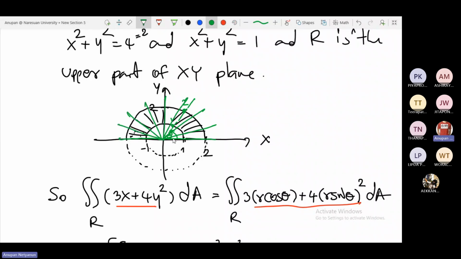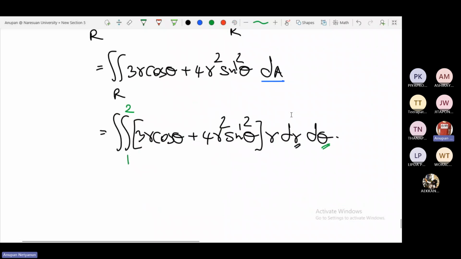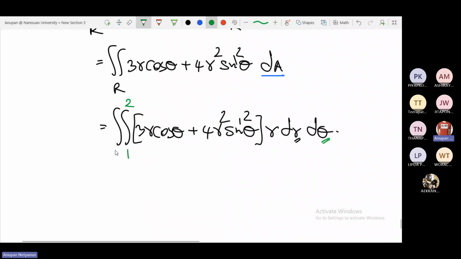So it starts from angle 0 all the way to angle pi, right? So your running number for theta has to be from 0 to pi. Then you have to do the integration.